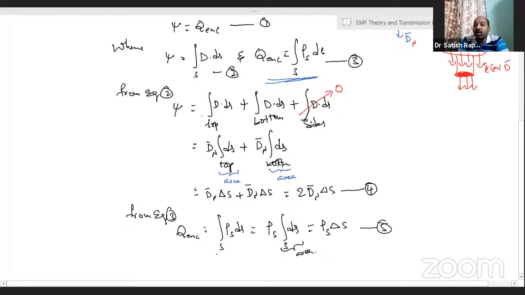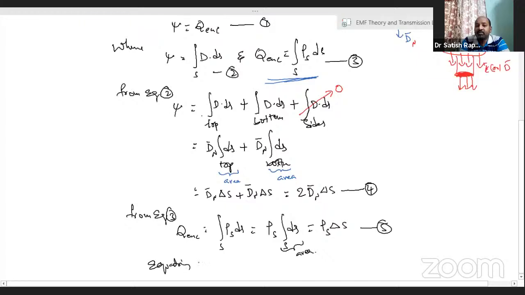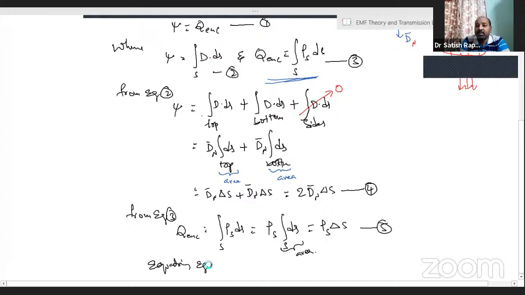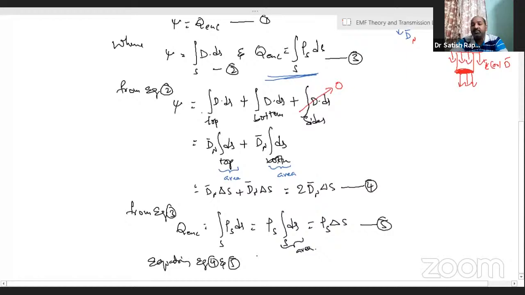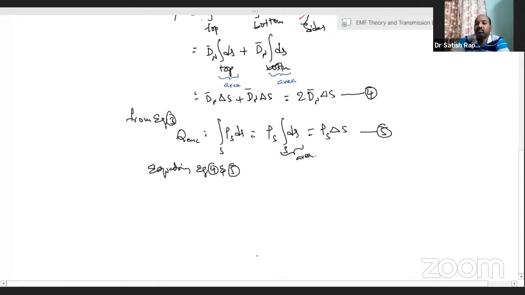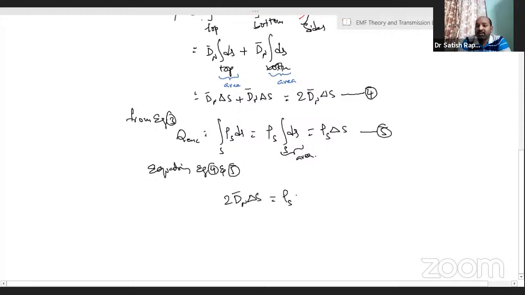Therefore, equating equation 4 and 5, we know that the Gauss law says psi is equal to Q enclosed. Equating 4 and 5, we get 2 dn bar delta s is equal to rho s delta s.